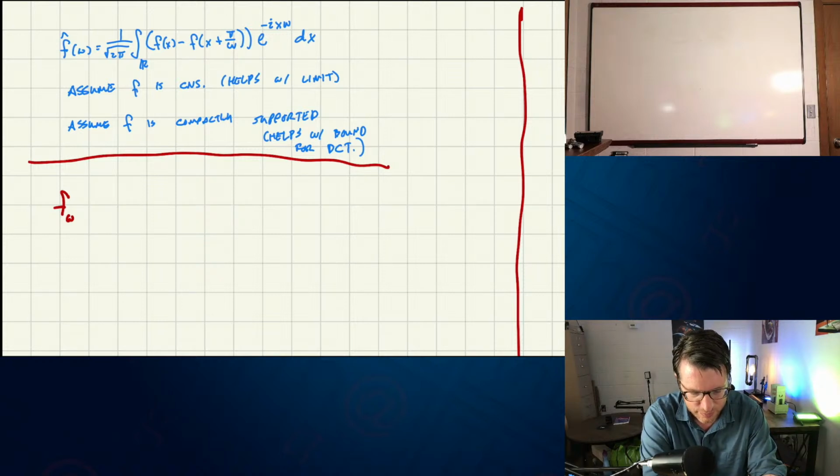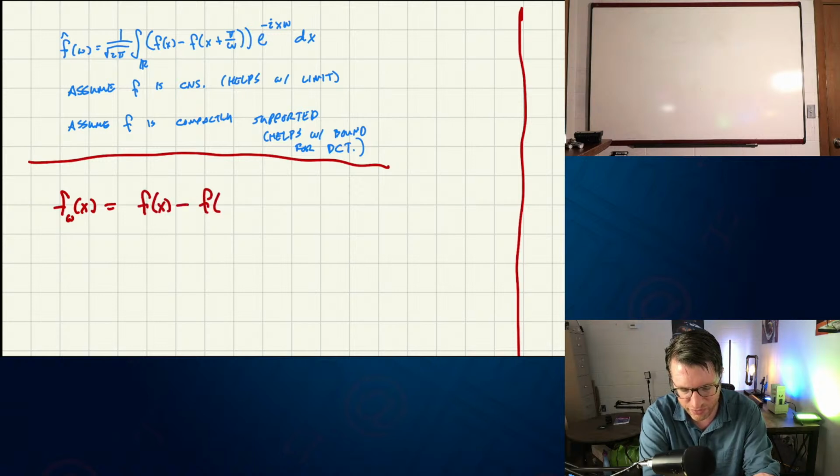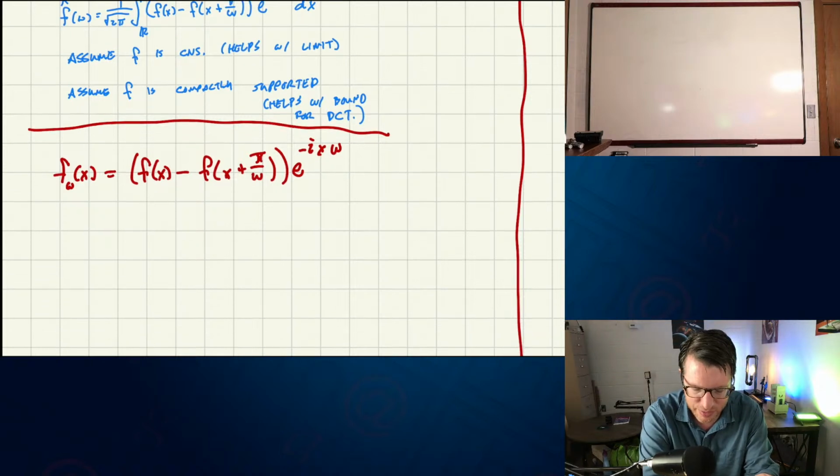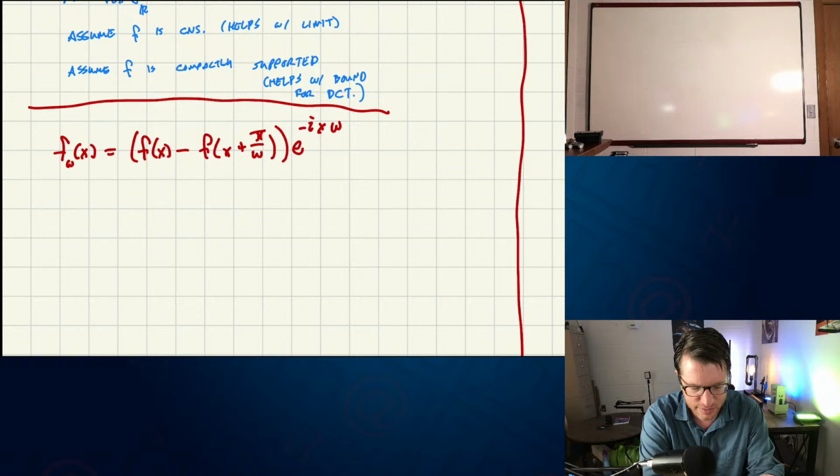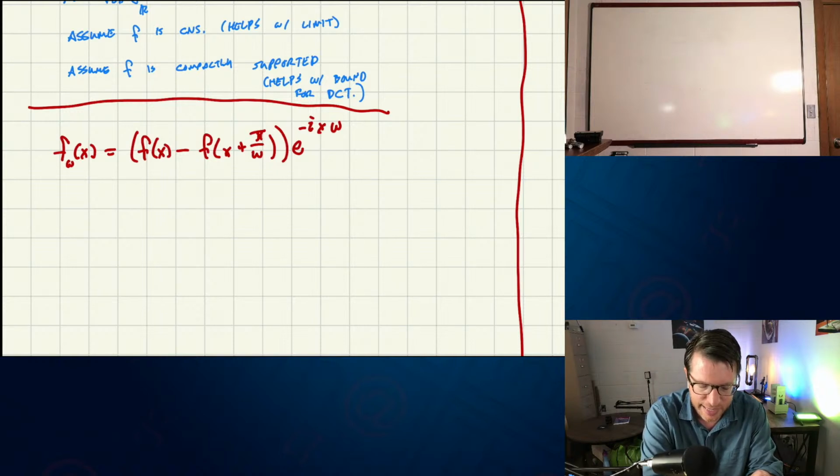So f sub omega of x is going to be f of x minus f of x plus pi over omega, times e to the minus i x omega, and we're assuming that it's compactly supported and continuous. All of these are in L1 because it's really just a linear combination of two L1 functions, f and f again, just shifted. And now we want to show that it goes to 0.